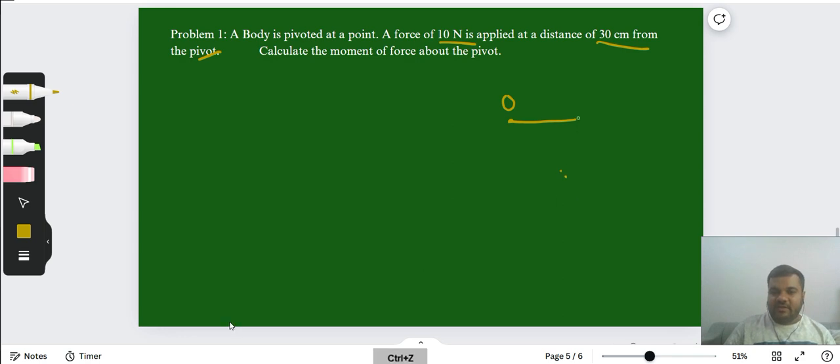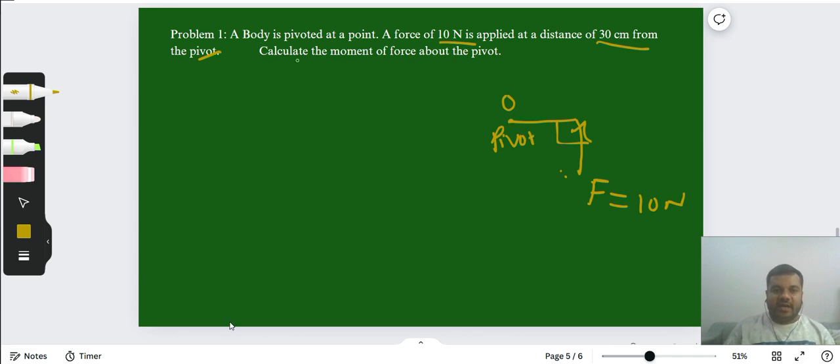This is the line of action, this is the force, and this is the perpendicular distance at 90 degrees. This is your pivot.